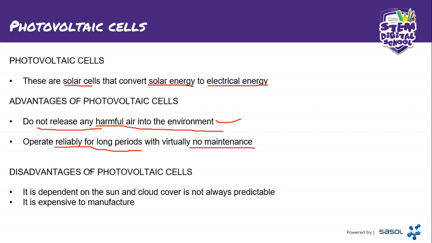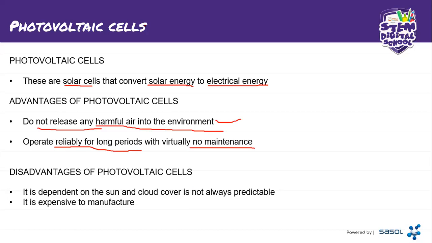Now, remember, they absorb the energy from the sun, which is solar energy. The amount of solar energy that is absorbed by these photovoltaic cells, by these solar panels, determines the amount of electrical energy that you're going to have. So if there's very little sun today, maybe it's cloudy, then there's very little solar energy absorbed, and therefore very little conversion to electrical energy that will take place.